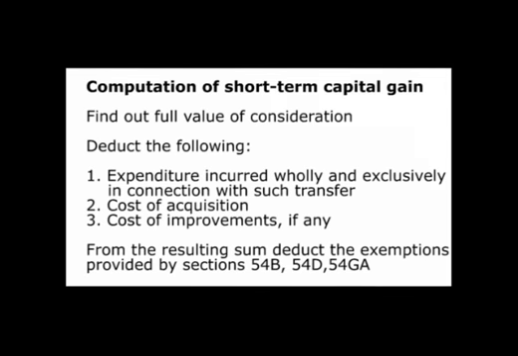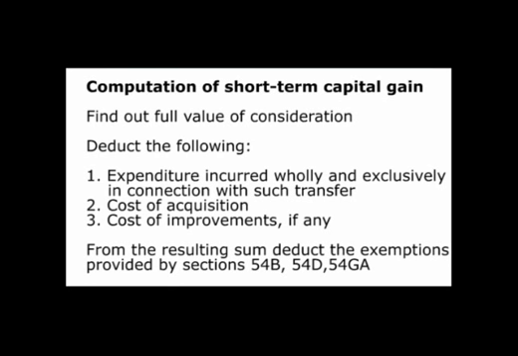Then we will deduct the cost of acquisition, and if there is any cost of improvement on the asset, then it would be deducted, and the resultant figure would be the short-term capital gain. It will be subject to tax unless the exemption is provided under the Act by section 54B, 54D or 54GA. So this is a simple process of computation of short-term capital gain.